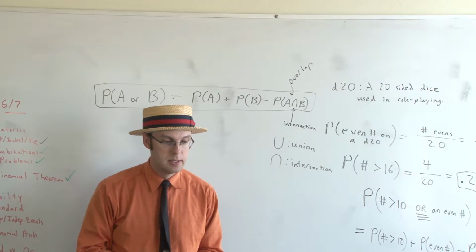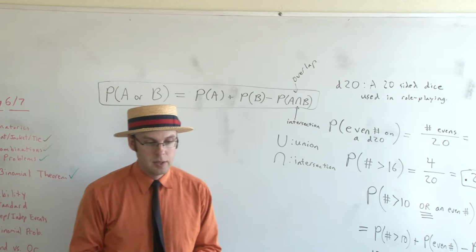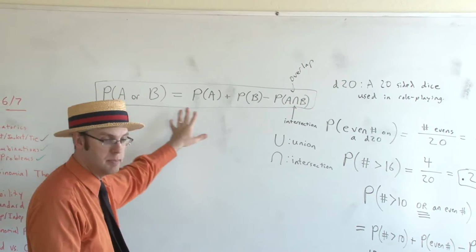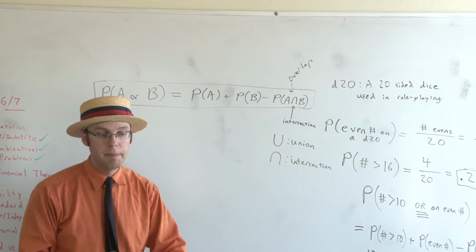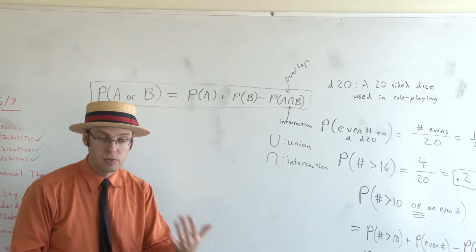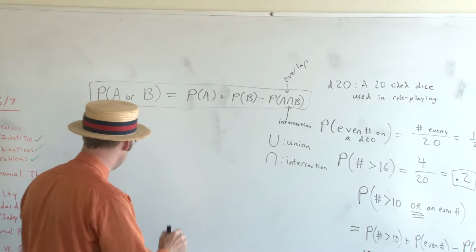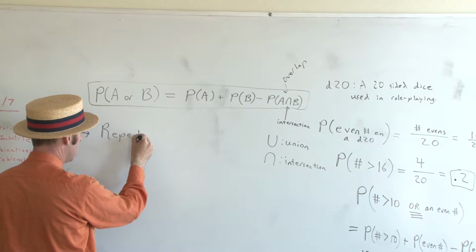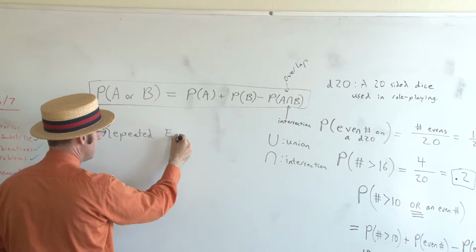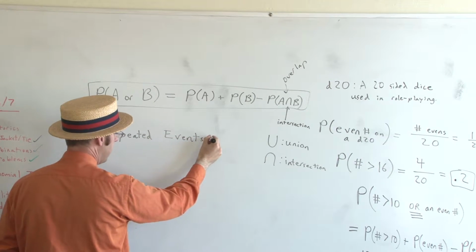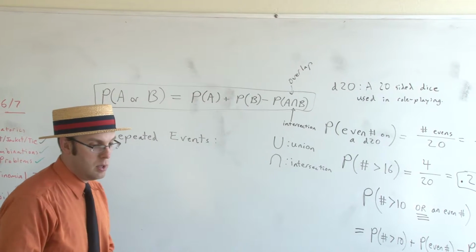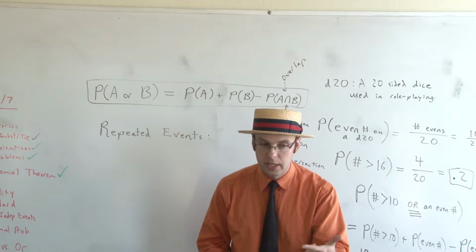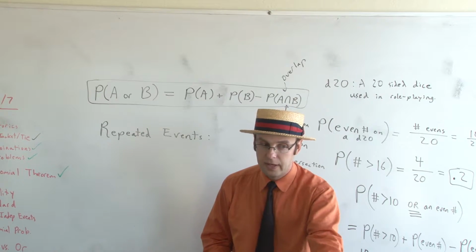Now, what if, instead of asking about several different possible outcomes for an event, I ask about an event that gets repeated? So you roll it multiple times? Yeah, I roll it multiple times, stuff like that. Well, first I have to establish if each repetition has an impact on the next event.